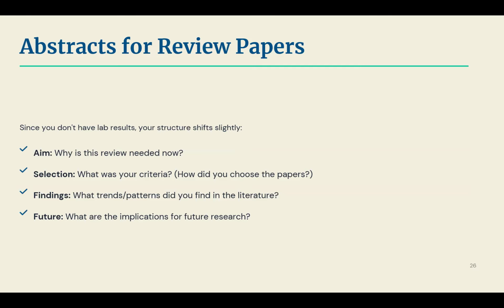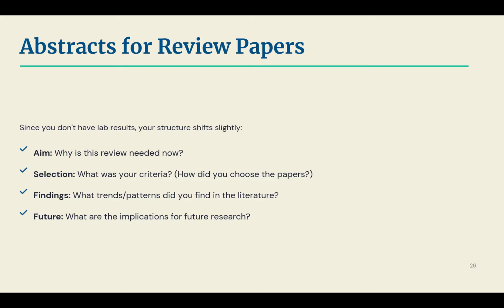And if you're looking at review papers, your abstract should be like this. In review papers, you do not have any lab results. If your study has no lab results, if it is a review paper, the structure is a little different. In that case, you have to state these 4 sections as part of your abstract.